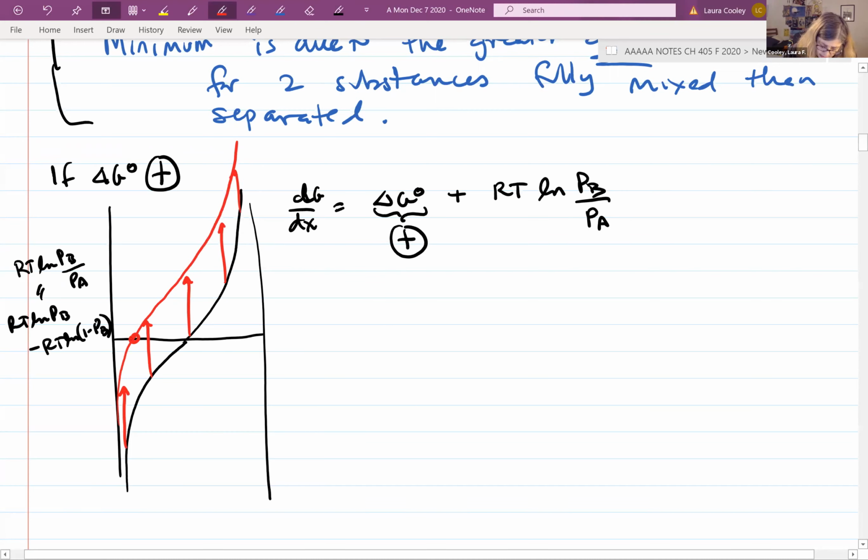You can see where that curve intersects the 0. This is going to be the slope dG/dx with that added term, so we're still looking at the slope, but now we have the delta G0 added on.